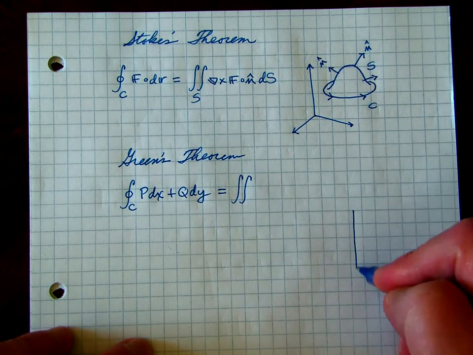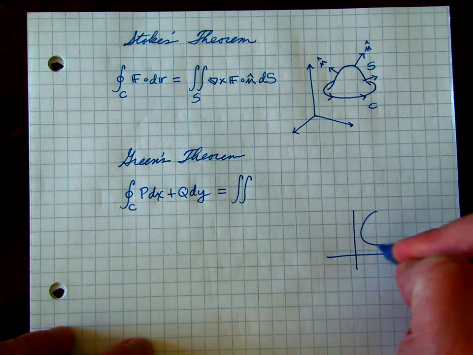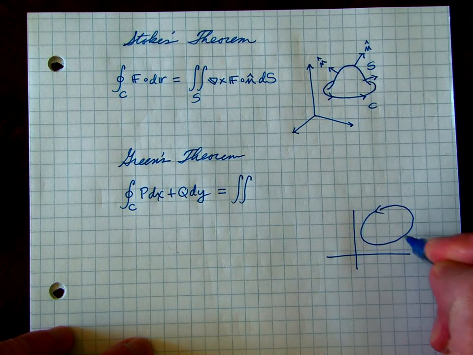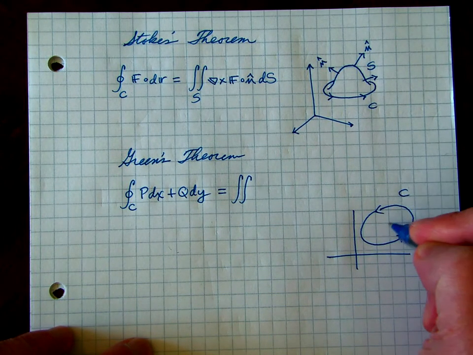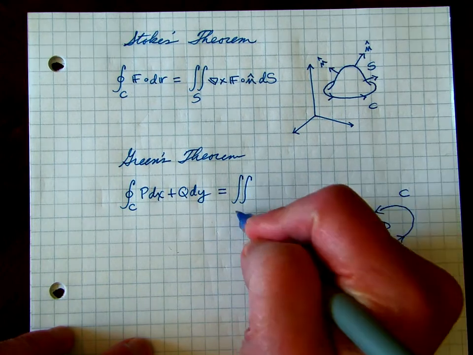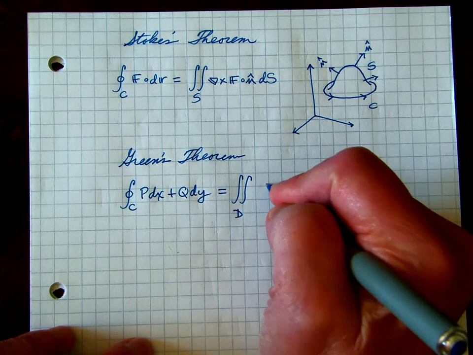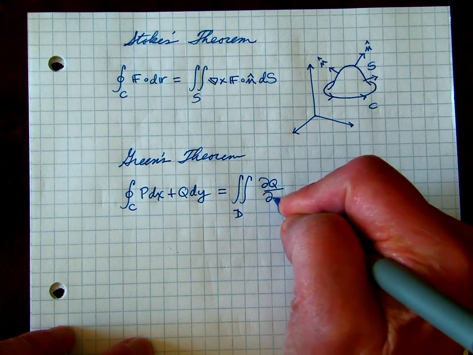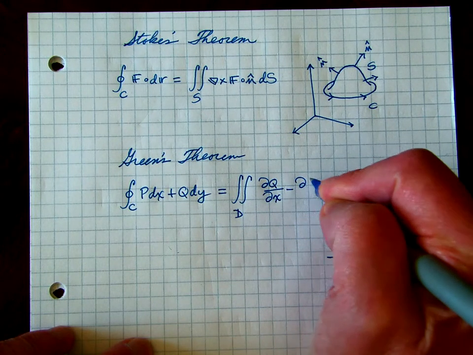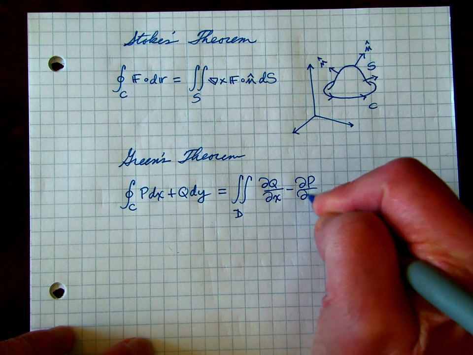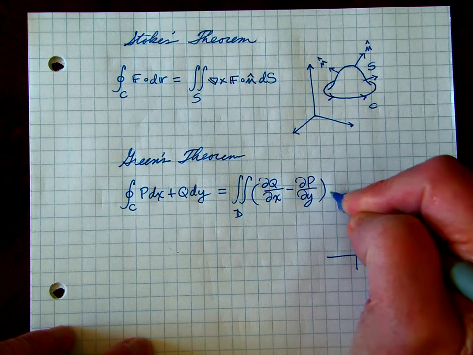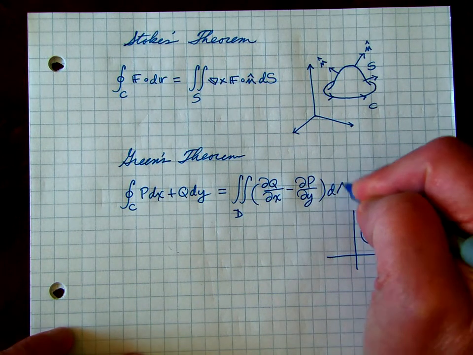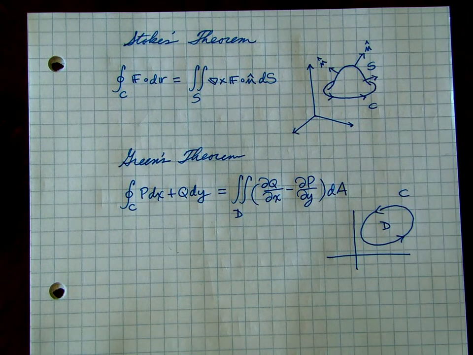If you have a region over here bounded by a closed curve that is oriented counterclockwise, so here's your domain, you can integrate the difference of the partial of Q with respect to x and the partial of P with respect to y. And that's going to be with respect to area. So that's the statement of Green's theorem.